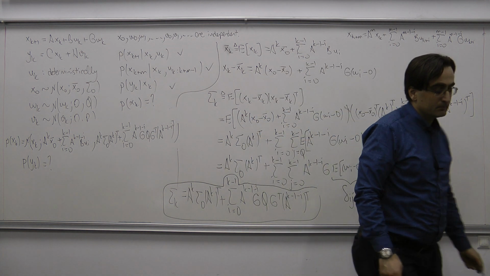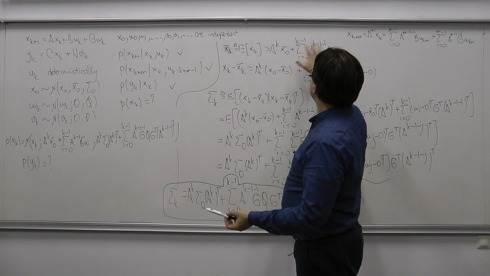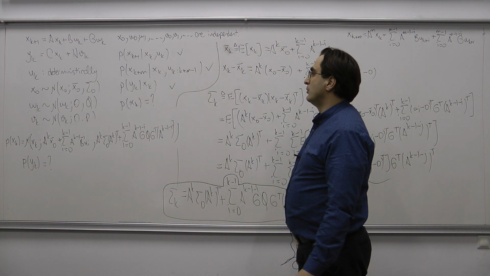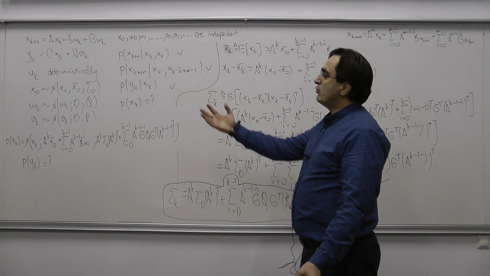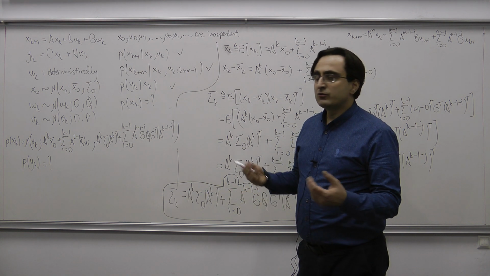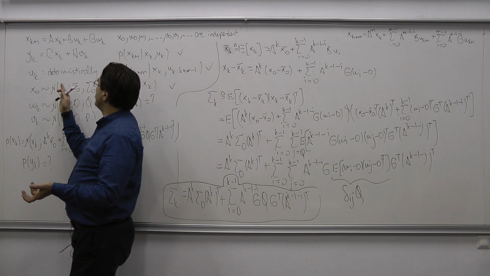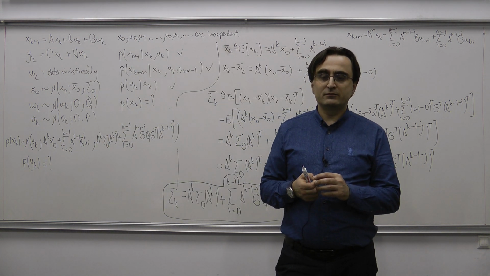So it would be nice if I could use the results that I have found already in calculating P of y_k. The thing that you can do is that y_k, in this case, is also a linear or affine function of jointly Gaussian random variables or random vectors.